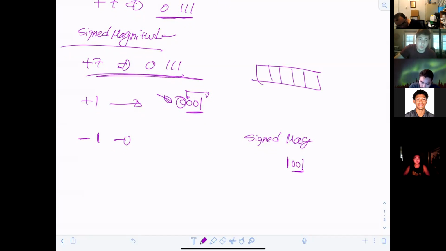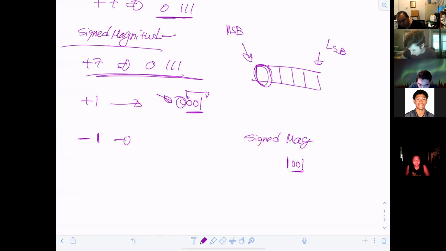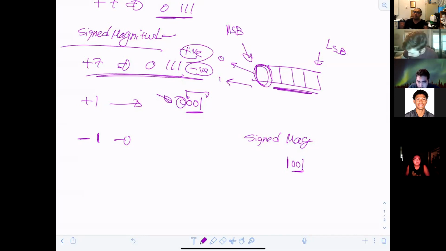The left one, we call the most significant bit, and this one, we call the least significant bit. The most significant bit is responsible for the representation of the sign. If it's 0, I'm positive. If it's 1, I'm negative. Sounds good? The rest of the digits are representing the value.